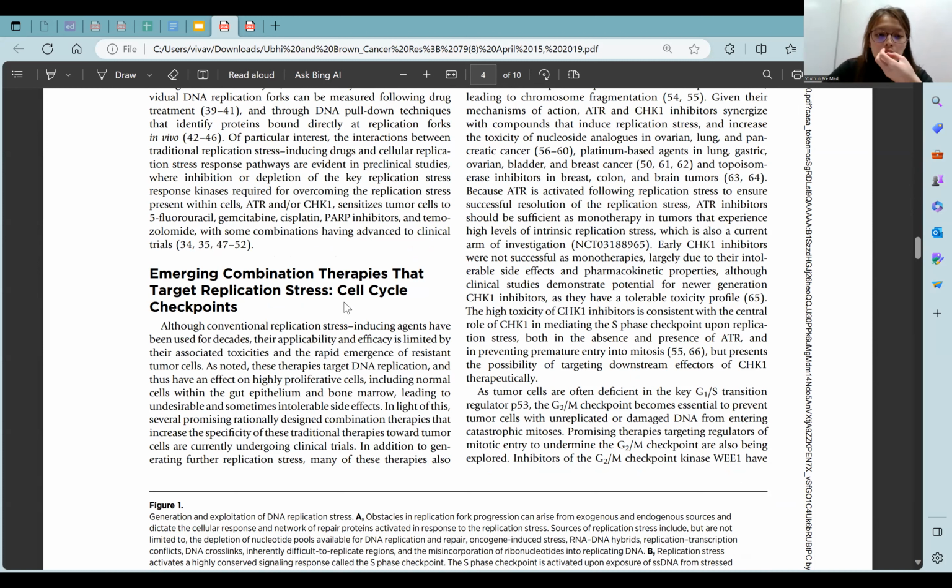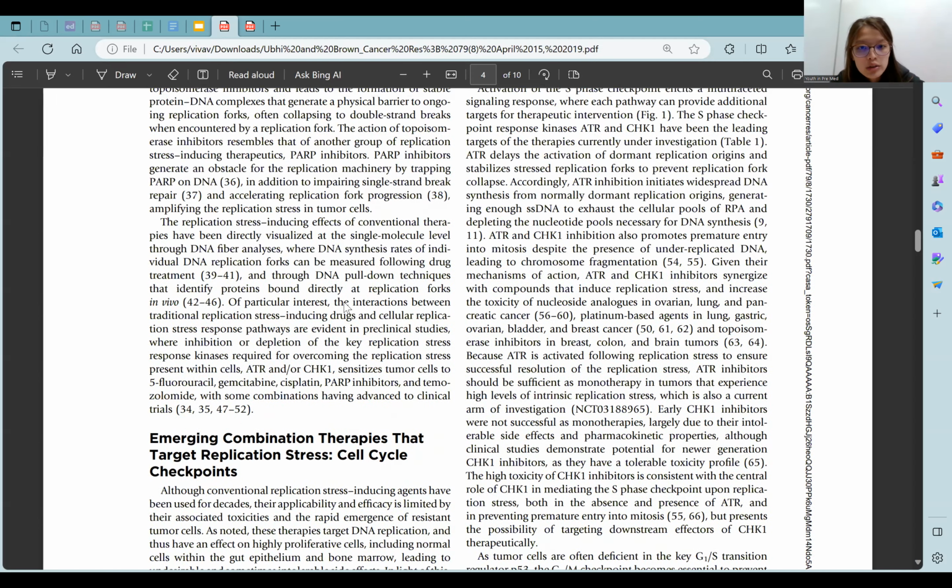Even if you don't know what that might be, the replication stress was explained in the introduction. And the cell cycle checkpoints are different points when the cell is splitting and growing. They're just targeting those to try to treat cancer.